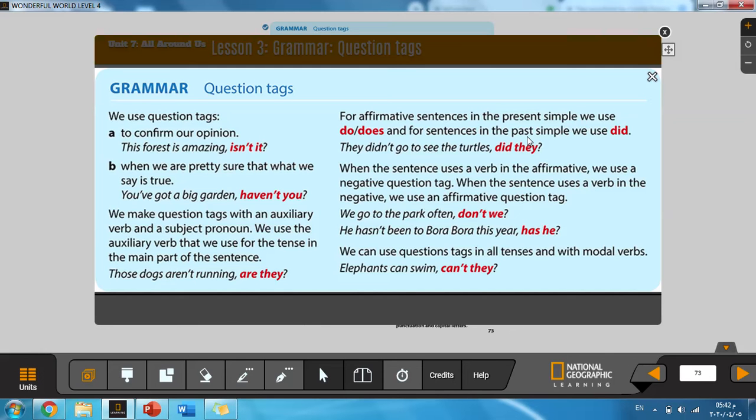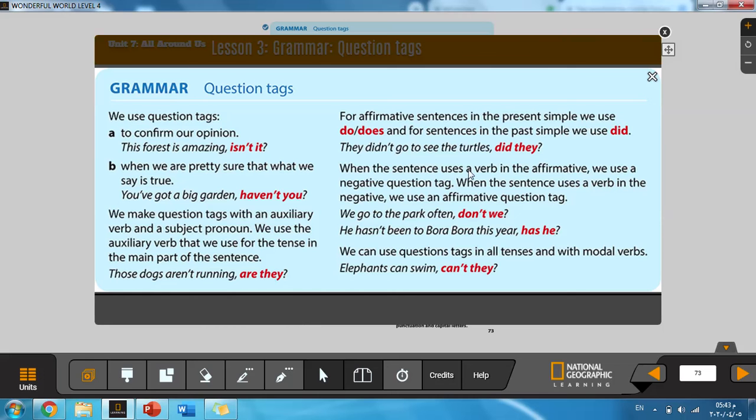Take a look at this example. They didn't go to see the turtles. He gave us here didn't. They didn't go to see the turtles, did they? Here you have to change the tone of your voice; your tone differs when asking a question.